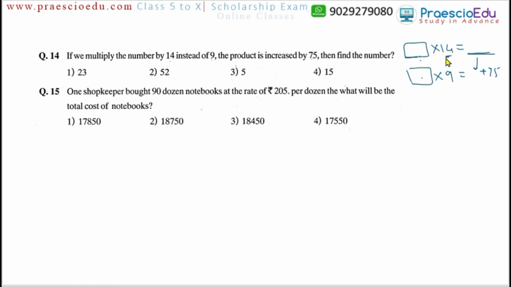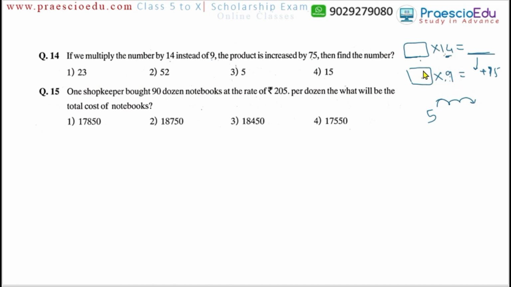Now what is the difference of 14 and 9? Here it is 5. So the product is changing by 75, means that is 5 times this number, because of the difference.